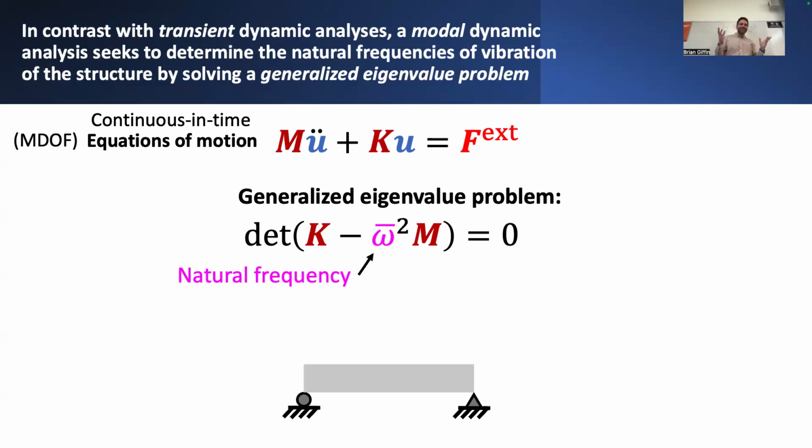And we can characterize those natural frequencies just by looking at the mass matrix and the stiffness matrix of the structure, and forgetting about the time history of deformation. So just looking at natural frequencies.